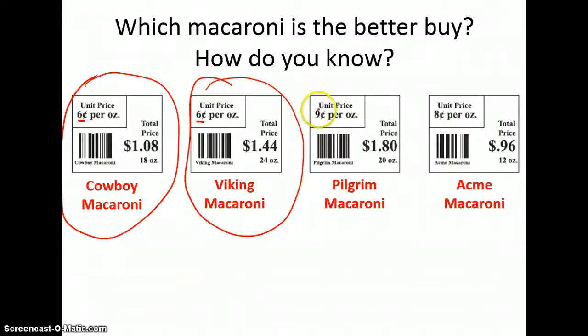However, Pilgrim macaroni is 9 cents per ounce, and Acme macaroni is 8 cents per ounce. So I'm actually paying more per ounce with the last two boxes of macaroni. So the better buy will be the cowboy macaroni or the Viking macaroni because it has a smaller unit rate or unit price.